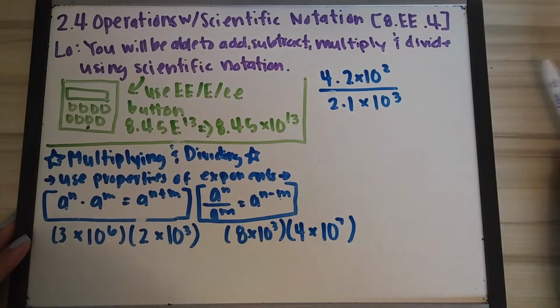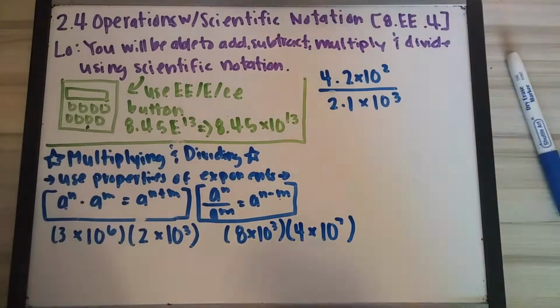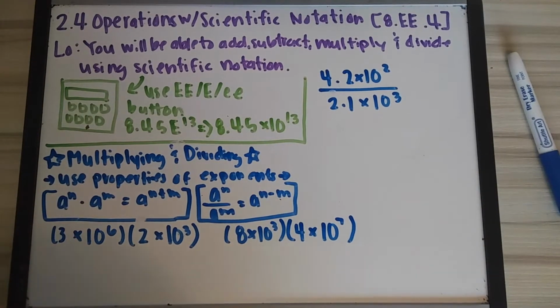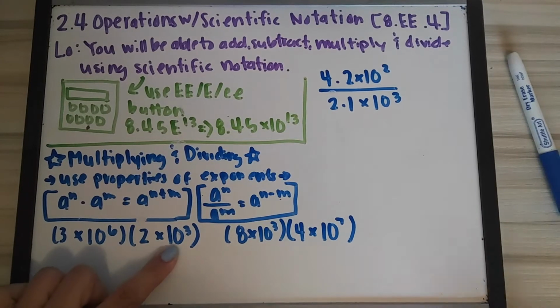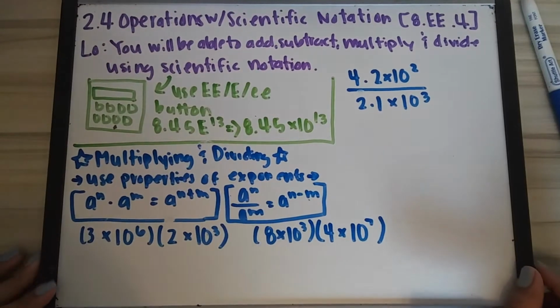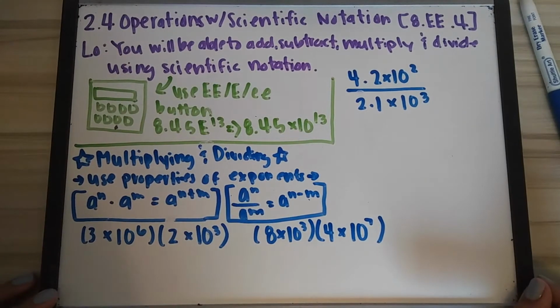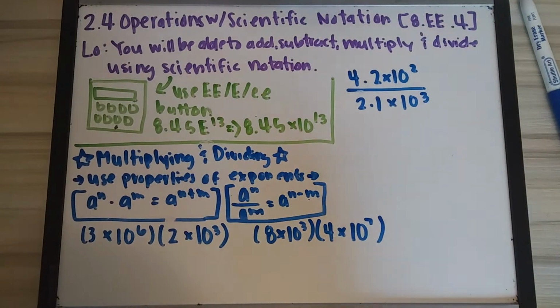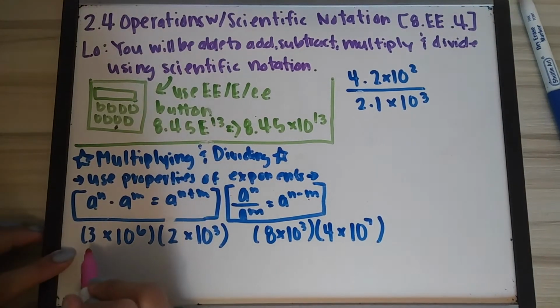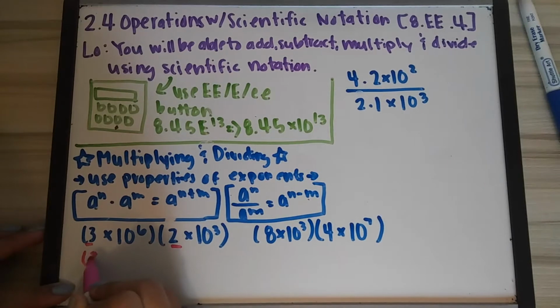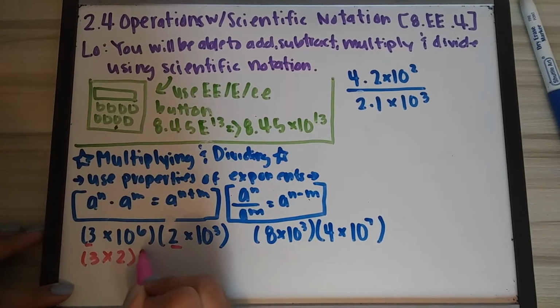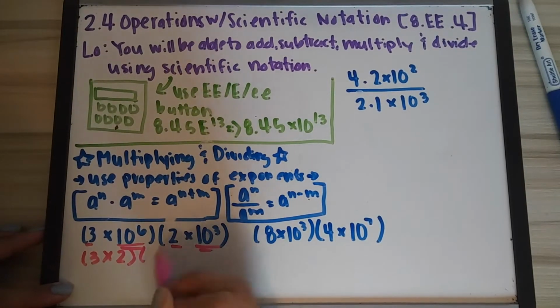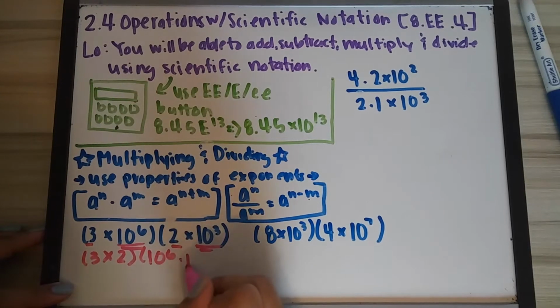Okay, so let's start with this one first. I have 3 times 10 to the 6th power, times 2 times 10 to the 3rd power. Here I can use the associative property of multiplication, which tells me I can regroup the numbers. So I'm going to say 3 times 2, and then 10 to the 6th power times 10 to the 3rd power.